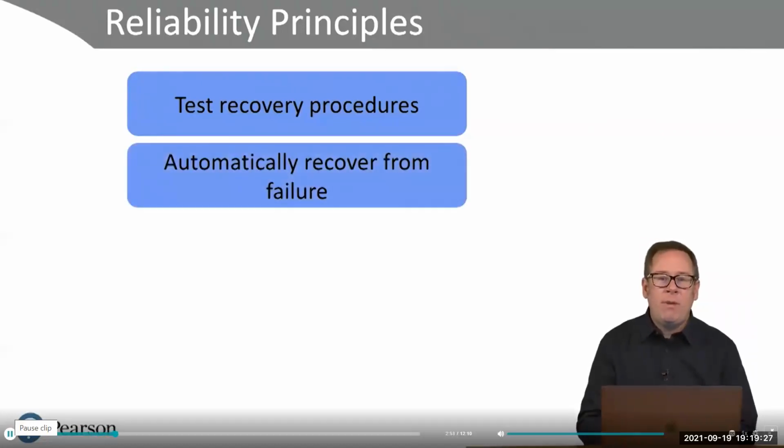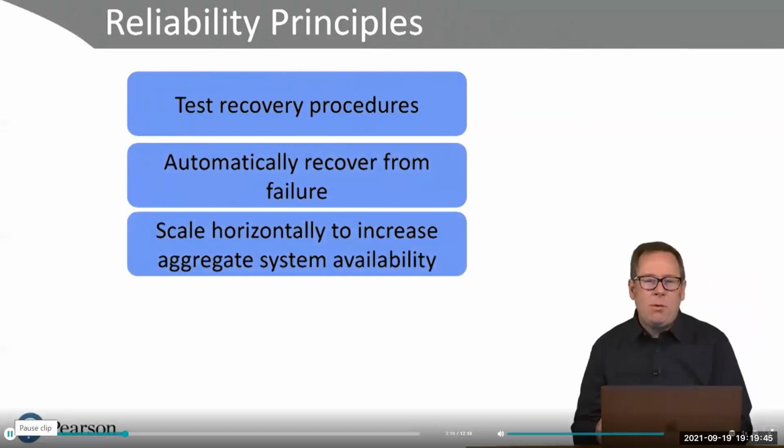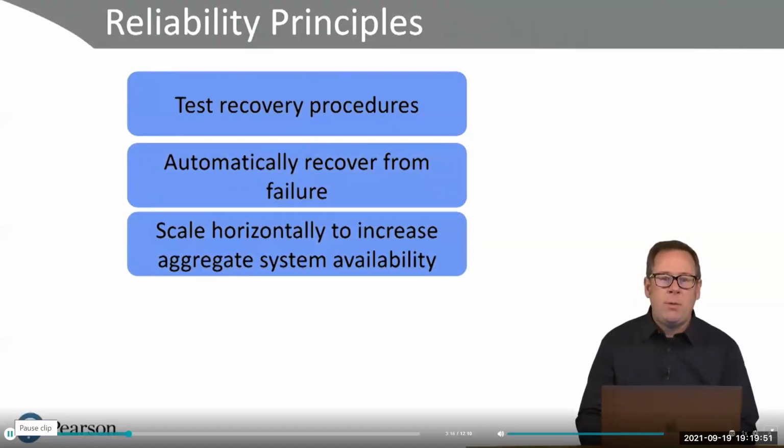Automatically recovering from failure is actually better than manual replacement and requires some deeper knowledge of certain services. Scale horizontally to increase aggregate system availability. This is a reminder that vertical scaling is really a leftover principle from traditional data center infrastructure, and that a lot of services in AWS are designed to scale horizontally instead.